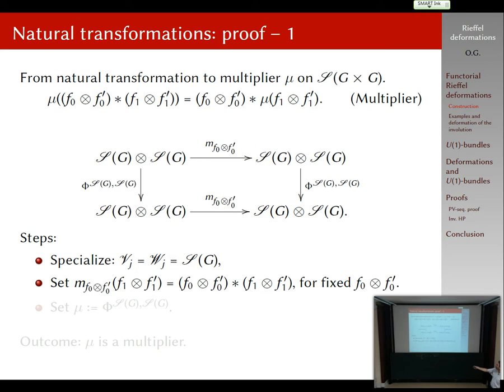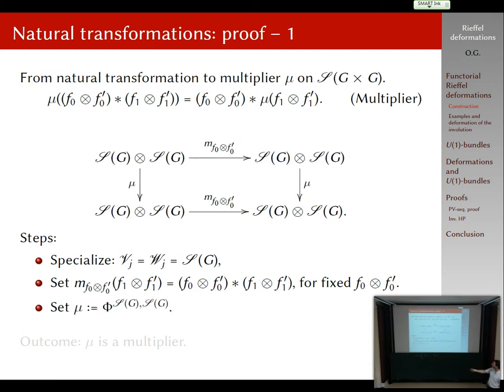You're going to take just a product with a fixed element, and this is going to be true for any fixed element. And now you look at what properties are satisfied by mu. This diagram here really means that you have that. So, starting from a natural transformation defined for all couples of vector spaces, I get a multiplier.